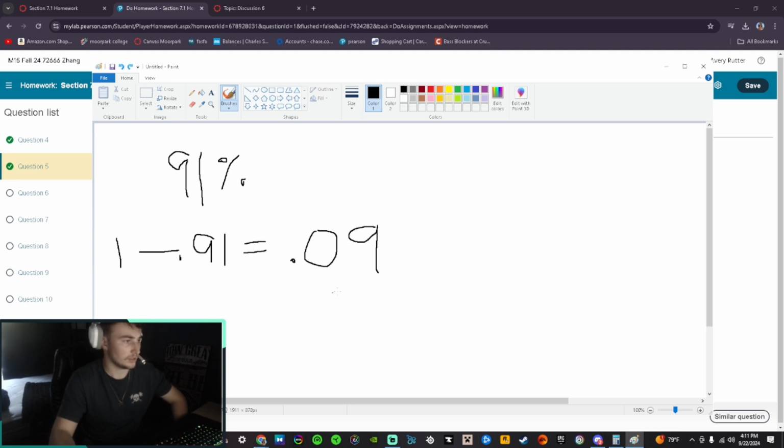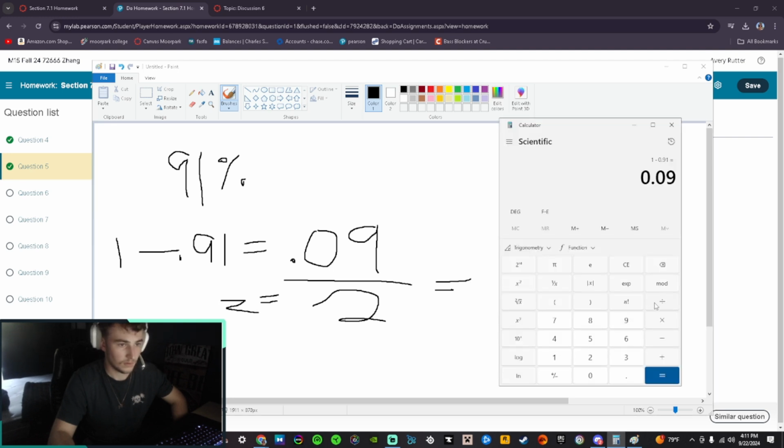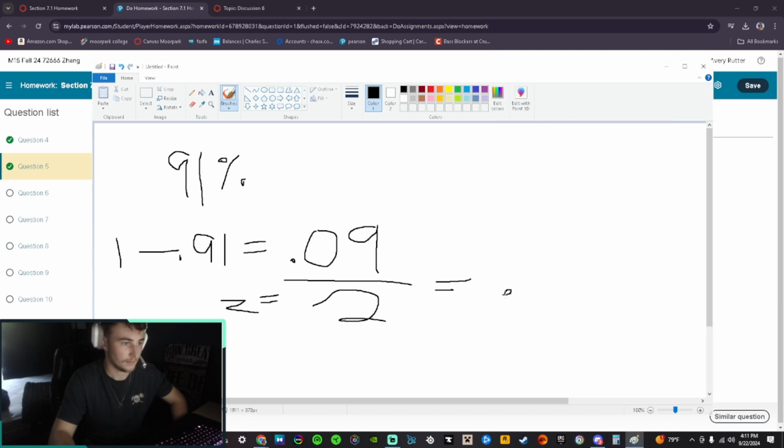But what we're actually going to do is the next step, which is dividing it by 2 and then inputting it into our StatCrunch. So you just divide that by 2, which equals 0.045. Perfect.